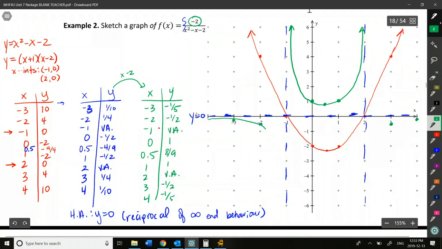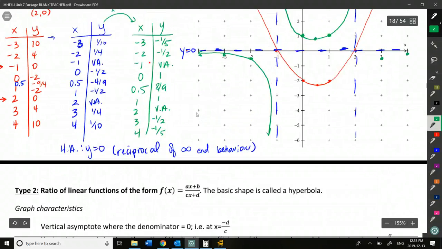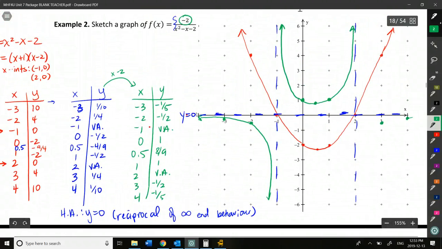So we've got points that are kind of doing this. Oops, sorry. So that is our function.